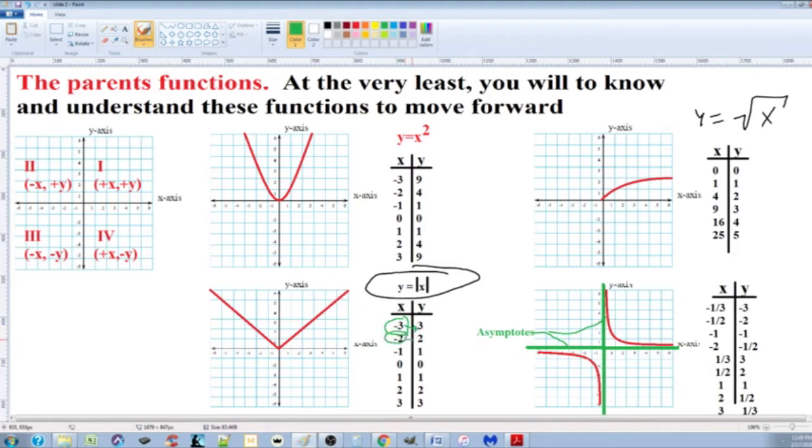So minus 2x becomes positive 2. Minus 1x becomes positive 1y. 0 is simply 0. And 1 becomes 1, 2 becomes 2. So this side is very much like a line. We can see the values are the same as a line. It's this area where the negative x's become positive y's that changes everything.